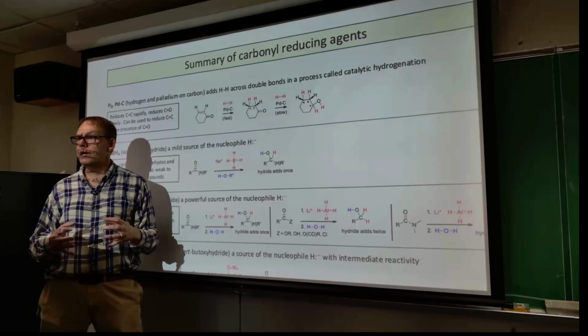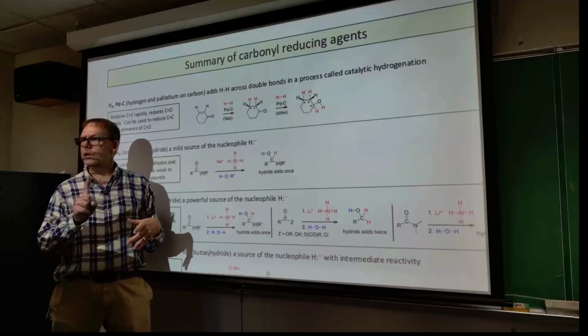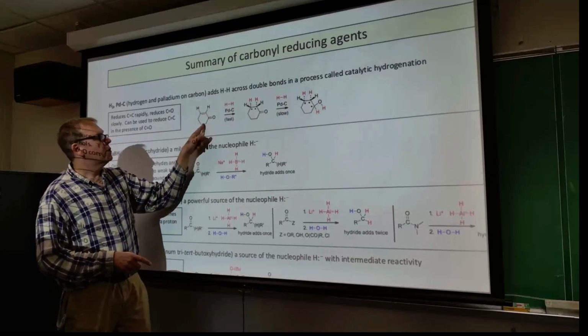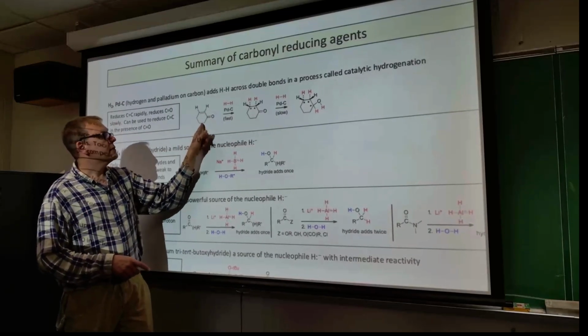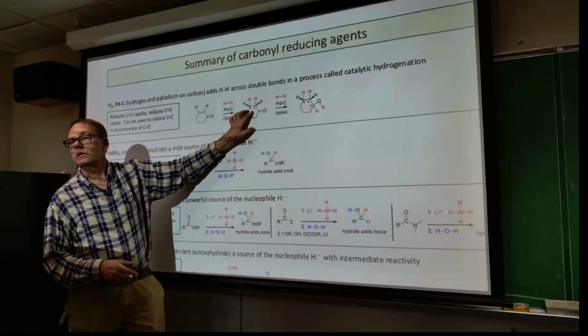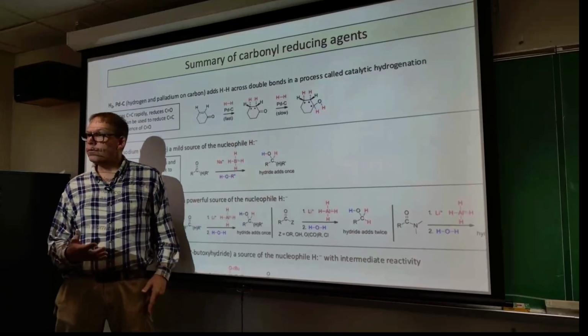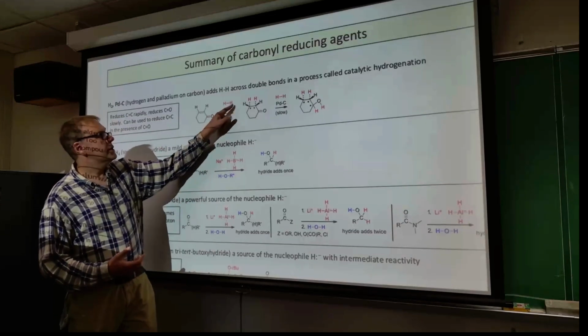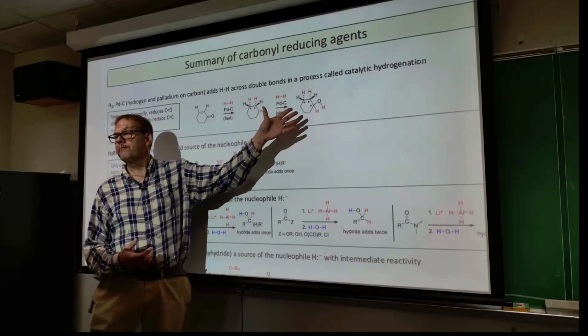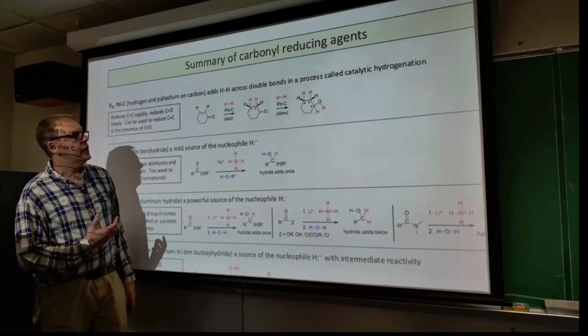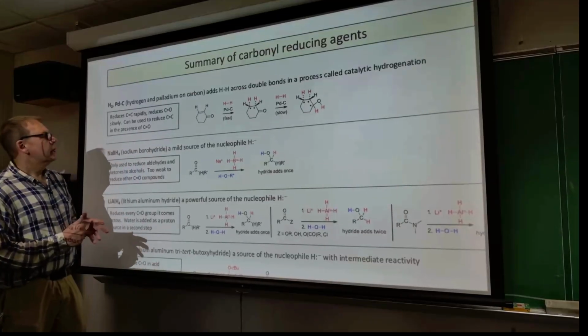In other words, stoichiometrically, only give the reaction one equivalent of this per every one equivalent of this. Equal moles of these things, and the CC double bond will get reduced before anything happens over here. If you want them both reduced, you just add excess hydrogen and let it go a long time. So that's a way to reduce C double bond O.